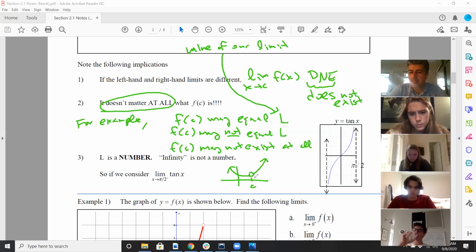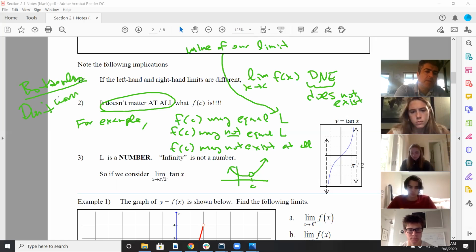So don't worry about it. So the bottom line is, don't worry about f of c when evaluating limits.